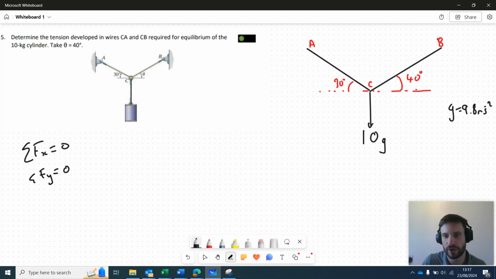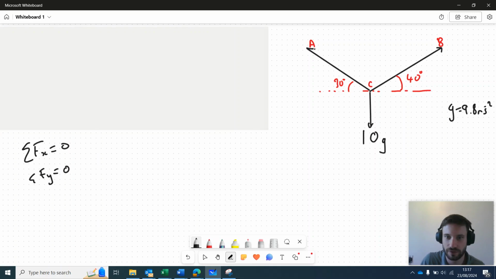The horizontal component of this tension force along CB. I said earlier that there was only one force acting here. I was completely wrong. There are of course these tension forces acting here.